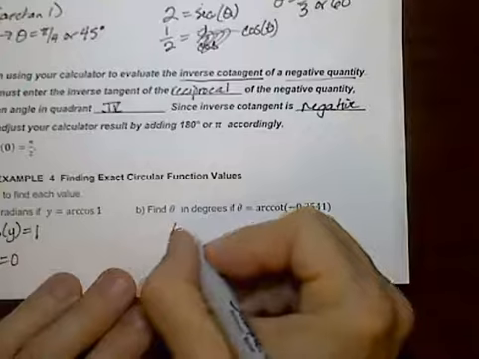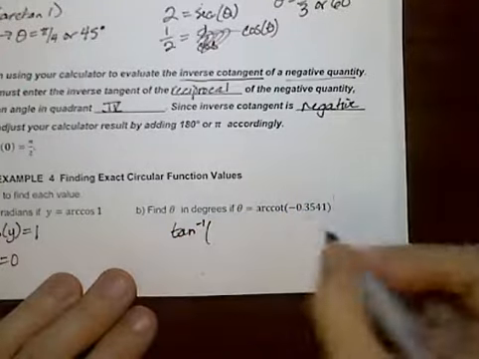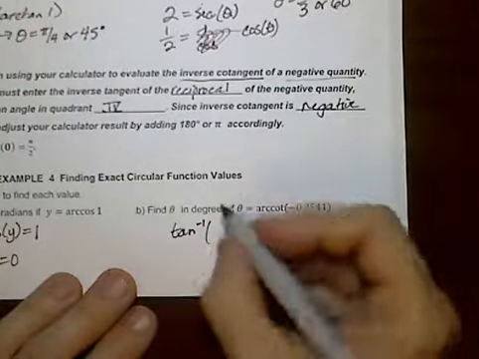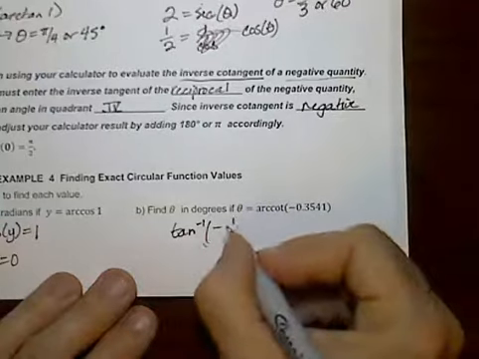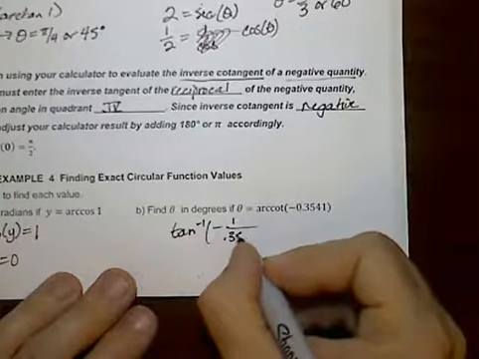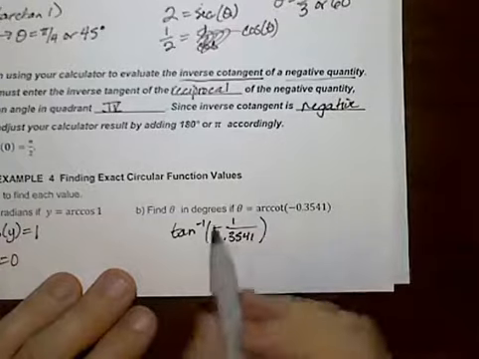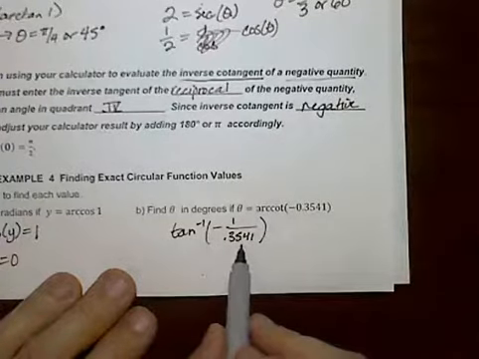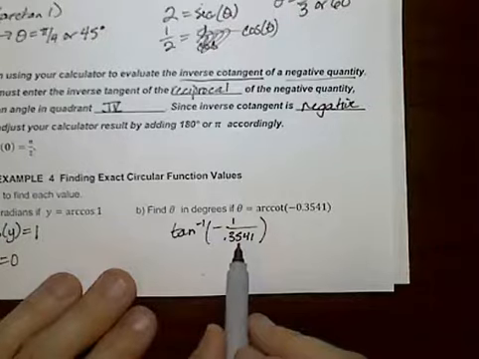So we're going to use inverse tangent. When we do that, we have to use the reciprocal of this value, so we do 1 over negative 0.3541. But what this is going to give us is an angle in the 4th quadrant. What we want is an angle in quadrant 2.